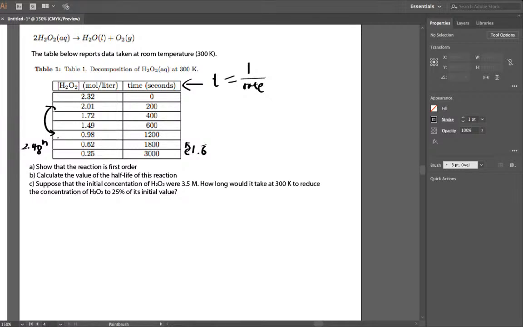Let's try to find what n is. So n is basically the log of 1.6 divided by the log of 2.48. That's 0.5. It is pretty weird.